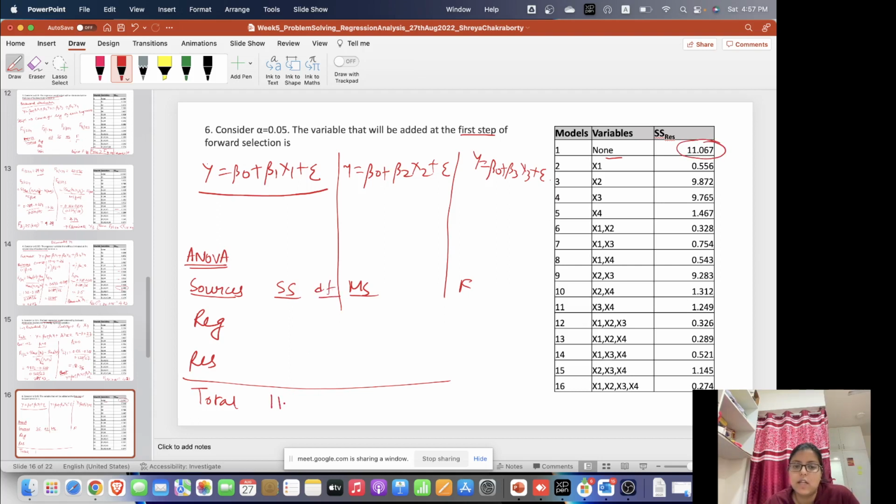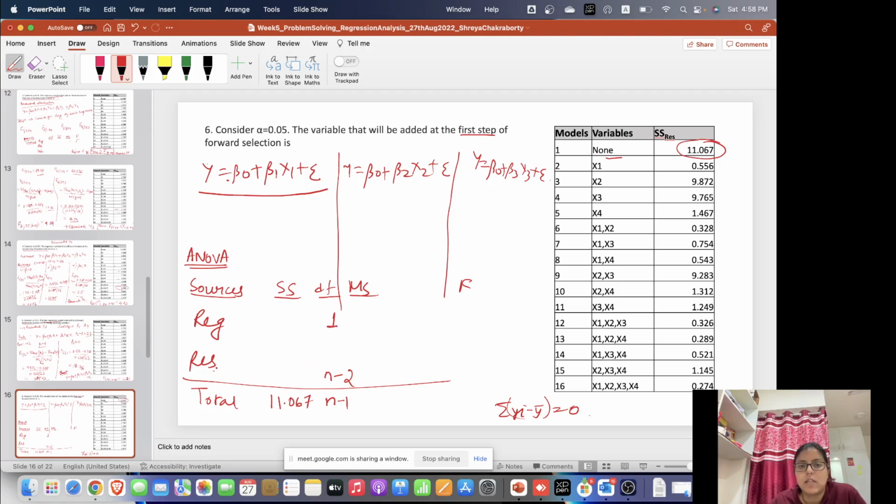So this is 11.067. Total degrees of freedom would be n minus 1, because summation yi minus y bar will always be 0. Okay, and this one is actually yi minus y bar whole square summation. So again, due to residuals, we would have n minus how many? 2, because there are two normal equations, and then due to the additive property, regression df would be 1.